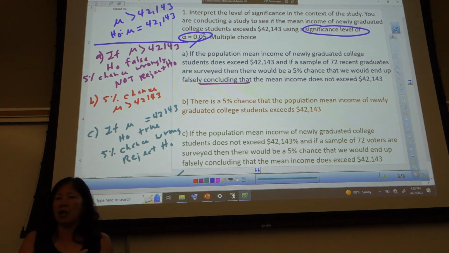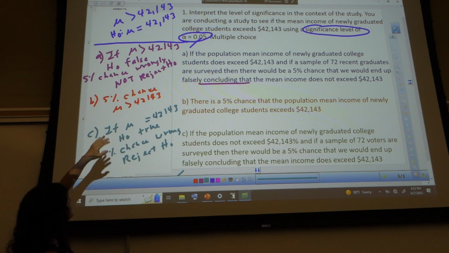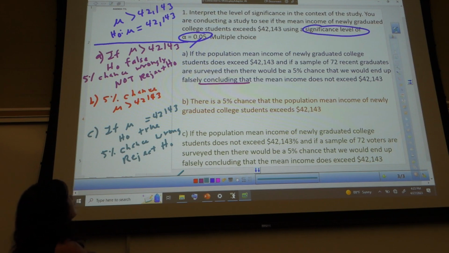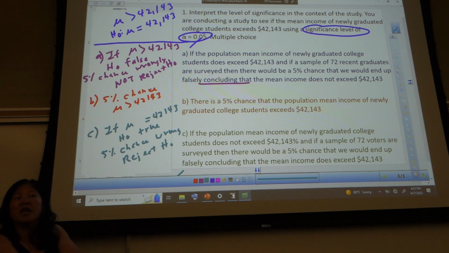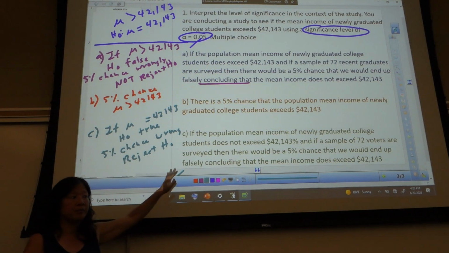That alpha is all about how often you're going to write a paper by mistake. Does that sort of make sense for folks? So which one of these is H naught's true, but you write a paper by mistake? Or you convict. H naught's true, but you convict them by mistake. They're innocent, but you convict them by mistake, kind of in a way. C. Does that make sense for folks?